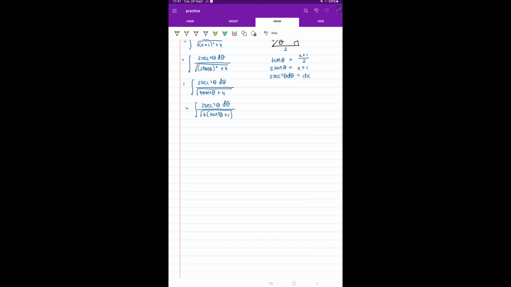And now with square roots, if we have a times b, this is going to be square root of a times square root of b. So basically what we can do here is 2 secant squared theta d theta all over root 4 multiplied by root tangent squared theta plus 1.